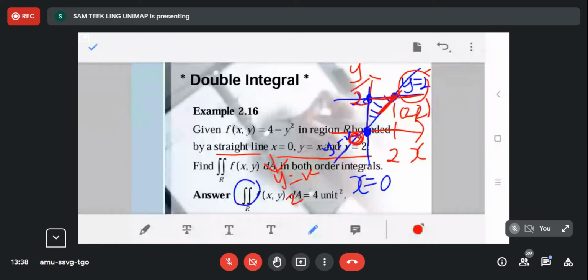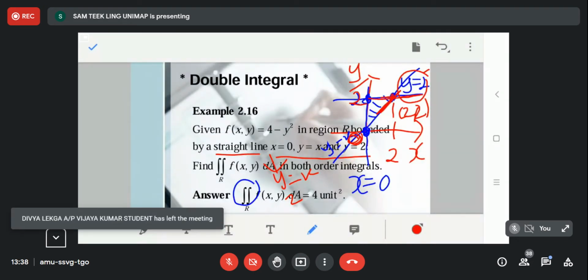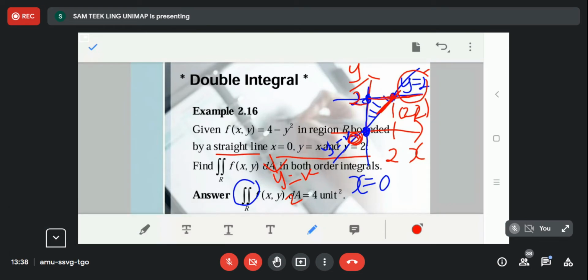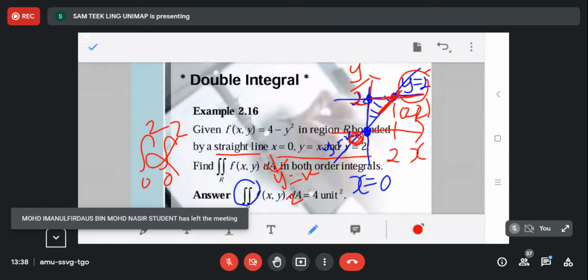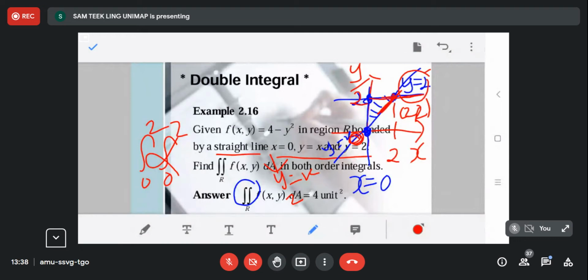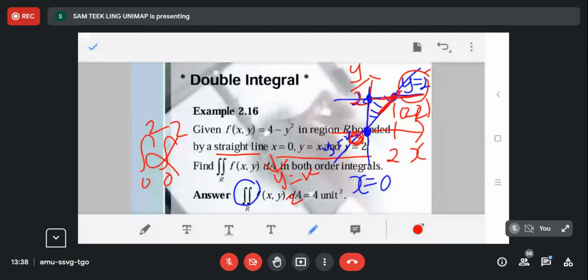After this, we will use them to find our limits. So remember, this one is not 0 to 2 for both. Don't say x from 0 to 2, y from 0 to 2. No. This one is a triangle, not a rectangle. If it were a rectangle, yes, 0 to 2 and 0 to 2.